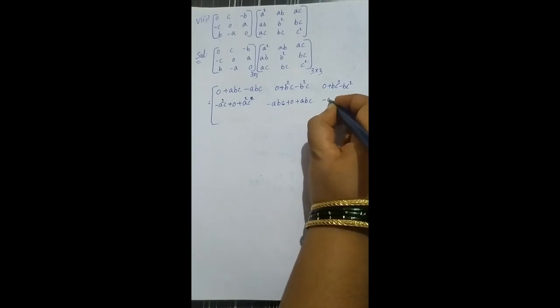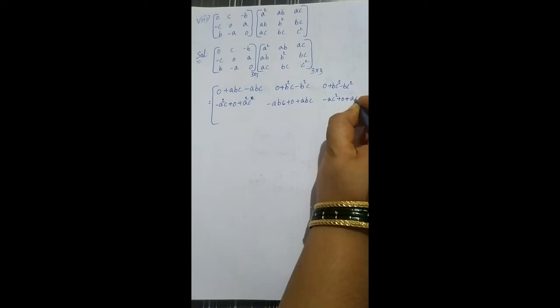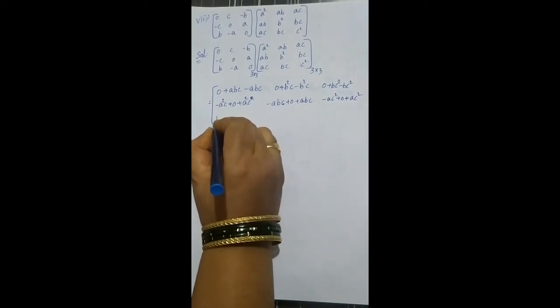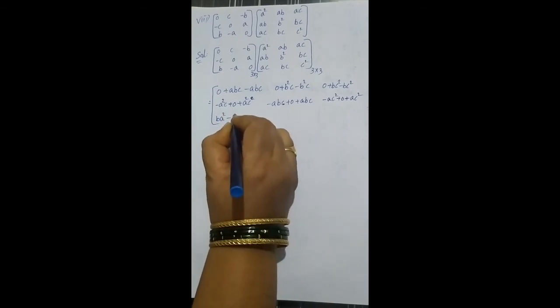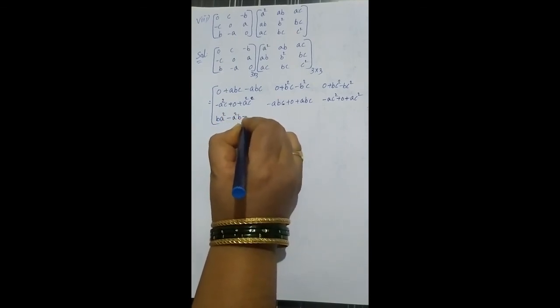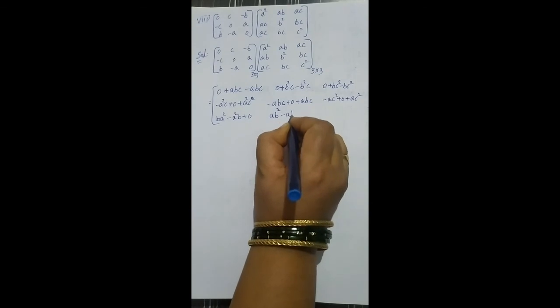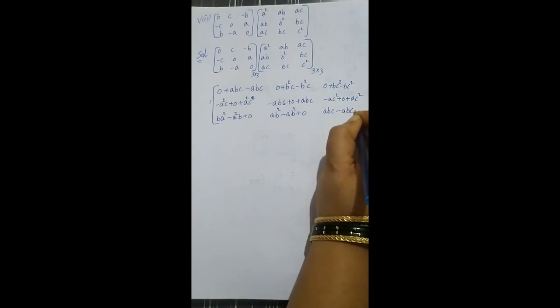Next, minus AC square plus 0 plus AC square. Next, BA square minus A square B plus 0. AB square minus AB square plus 0. ABC minus ABC plus 0.